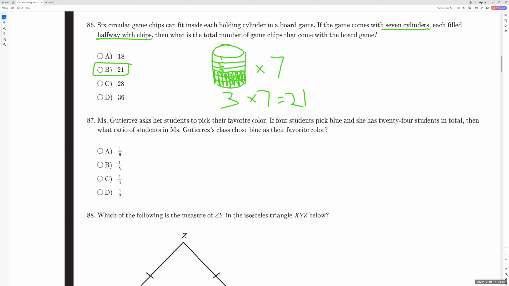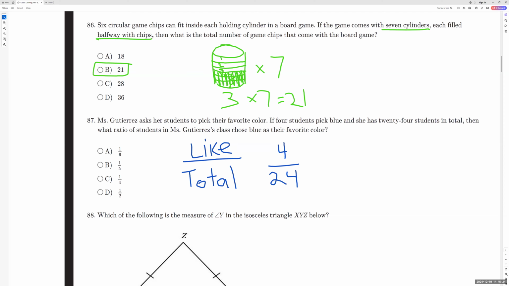Great. Moving right on, 87. Ms. Gutierrez has been asking students their favorite color, and she has 24 students in total. 4 of them like blue.